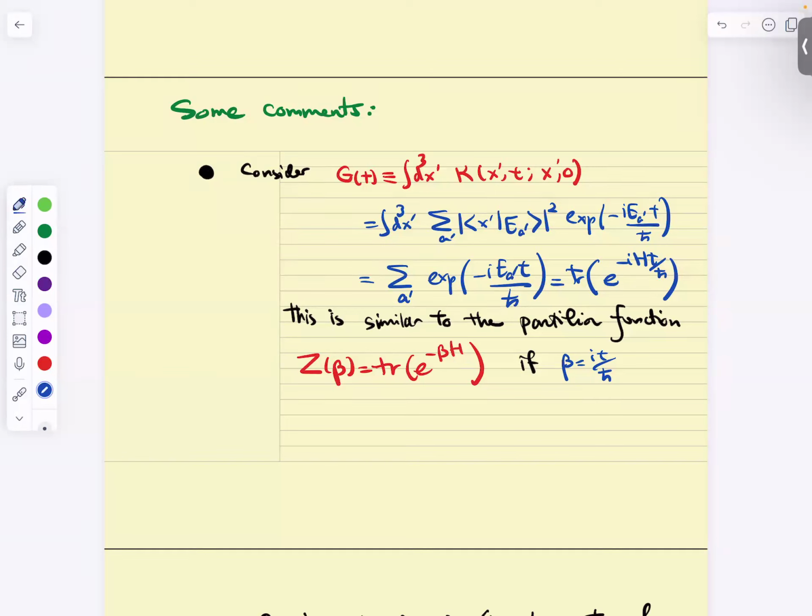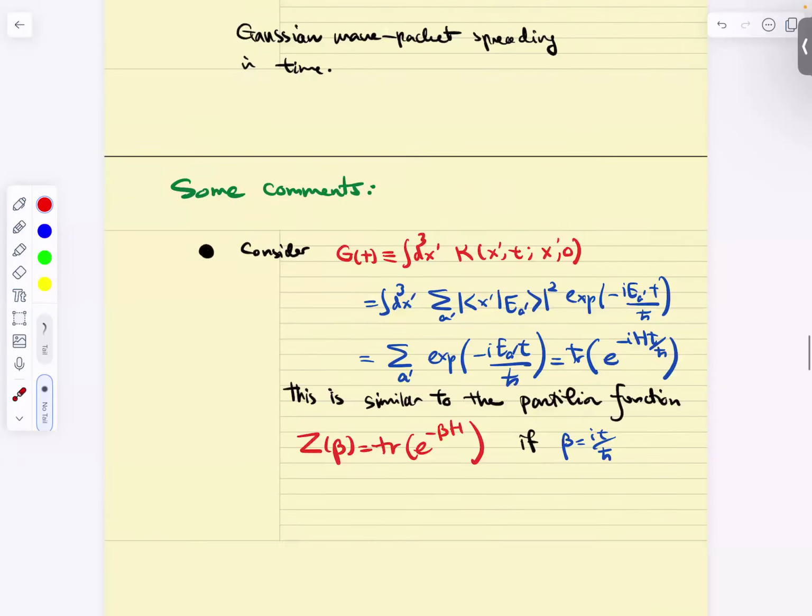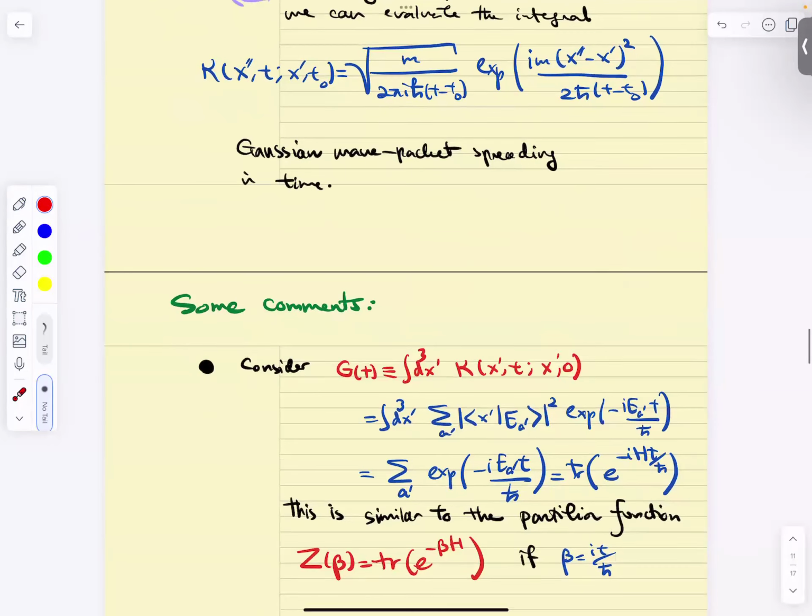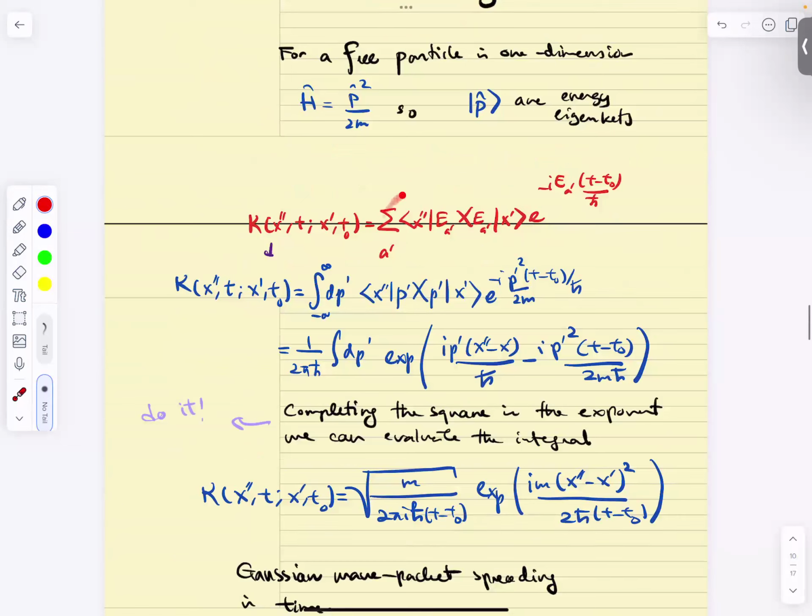All right, so let's calculate it. Well, I think we said that too. If you want to explicitly do this calculation, you take this expression and put x prime equal to x double prime. Let's just focus on this bit. So then this piece becomes the sum over a prime, the magnitude of the overlap of x prime with a prime, squared.